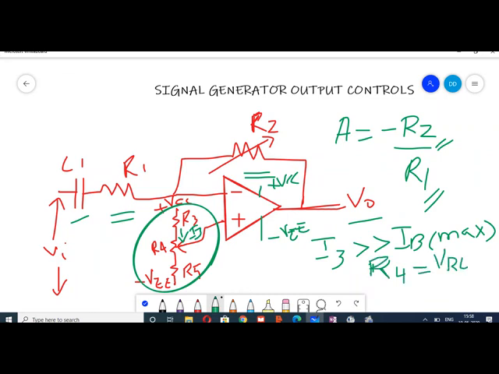Then we find the value of R4, which is nothing but voltage across the resistor R4 by I3. Likewise, we find the value of R3, which is voltage across R3 by I3. R3 and R5 we assume to be equal, and then we find the value of the capacitor.